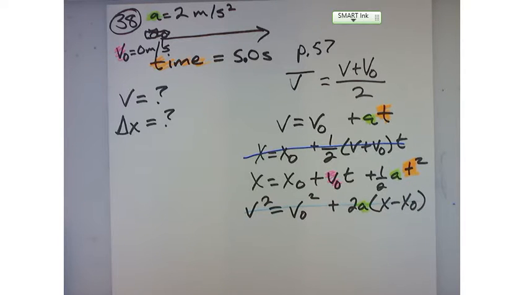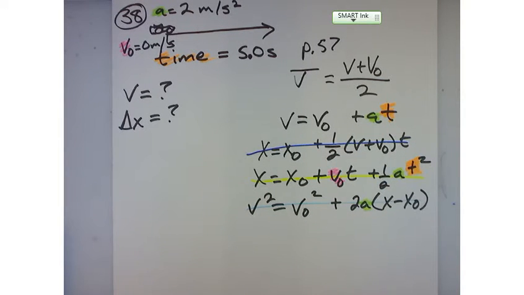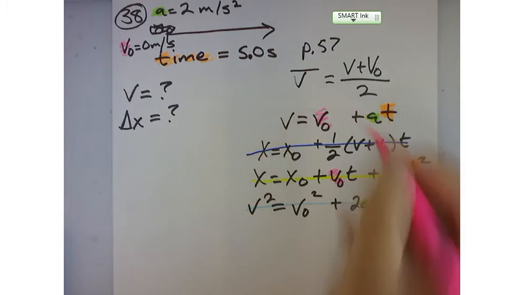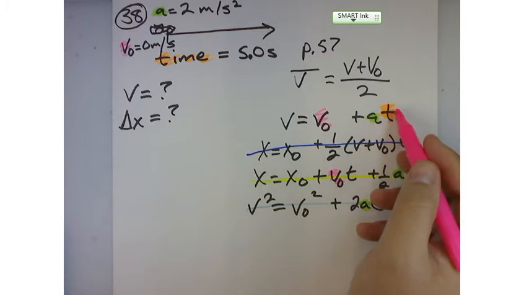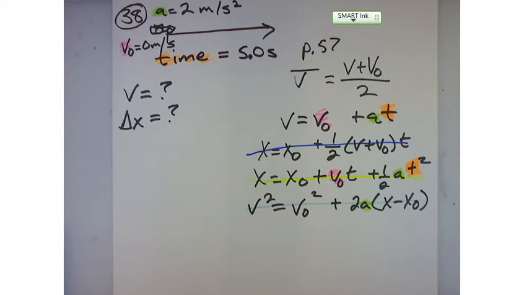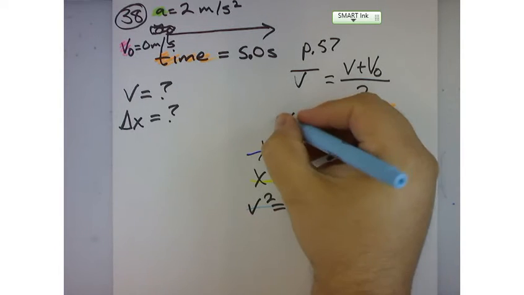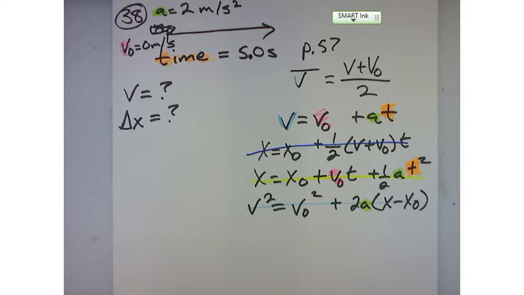And so since it doesn't say anything about a final velocity, I've got to disregard this. That one's no good to me. However, this one has an initial velocity, it has the acceleration, it has the time, and guess what? It has what I'm looking for, the final velocity, right? So that's the equation that I would choose.